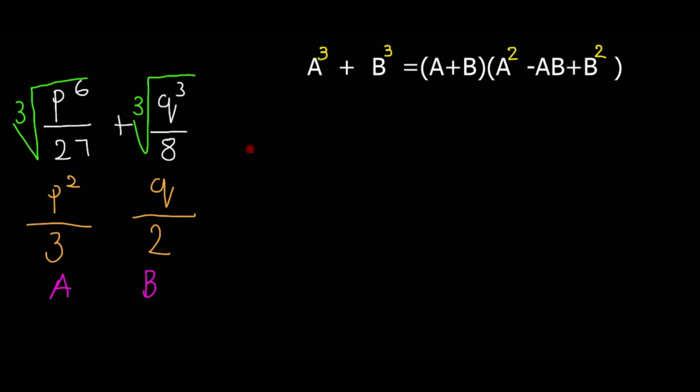So ge re lo shumisha our formula, rore p to the power 6 over 27 plus q cube over 8 is equals to, and then re ke thomega mo fase for the sake of space.